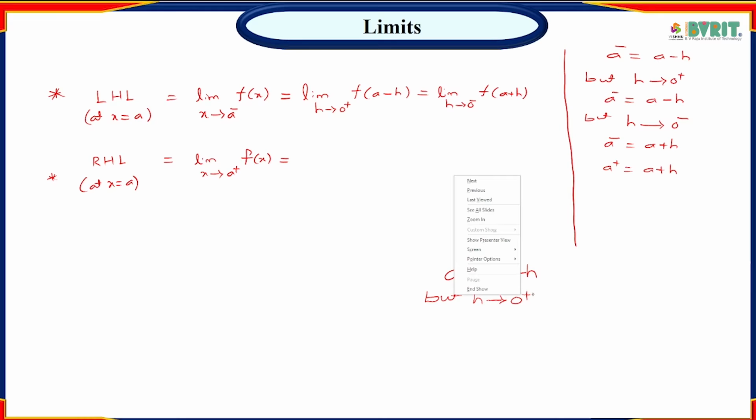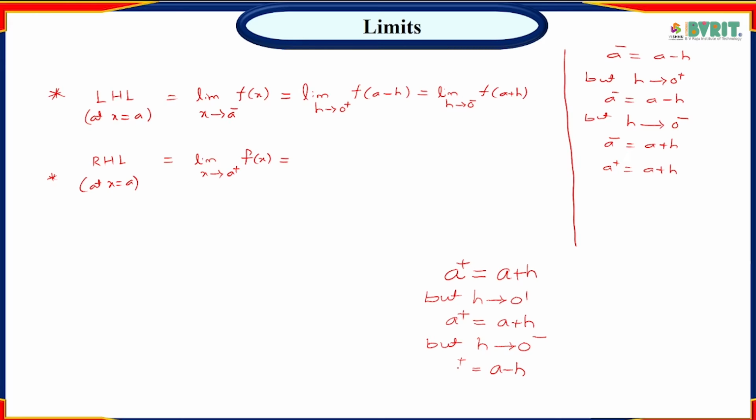And a plus is equal to a minus h, but here h tends to 0 minus. So here a plus is equal to a plus h and a plus is equal to a minus h, for different conditions: h tends to 0 plus and h tends to 0 minus.